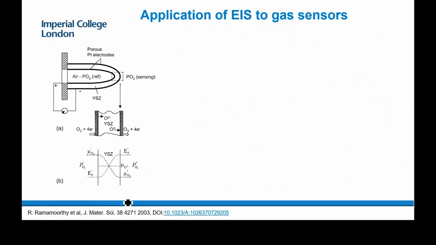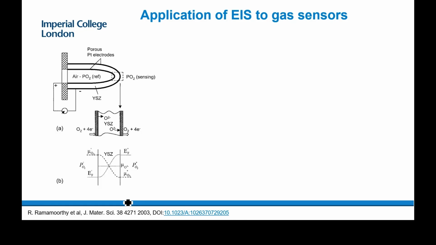Okay, but it's not just about fuel cells, it's not just about electrolysis. We can apply impedance spectroscopy to, for instance, gas sensors, by using pretty well the same principles that we used for the determination of the fuel cell properties.